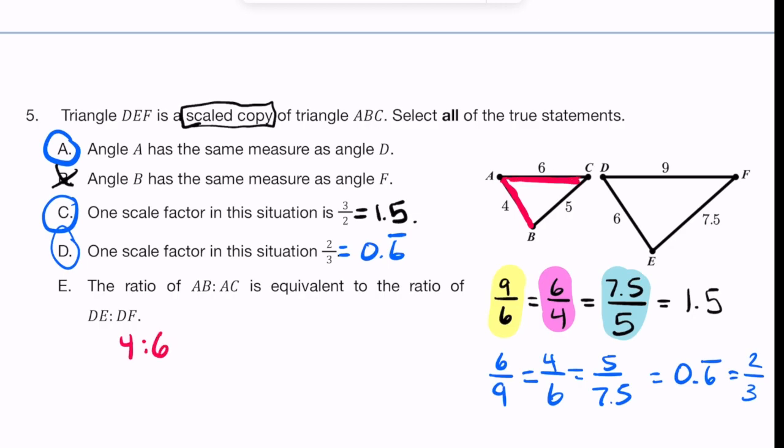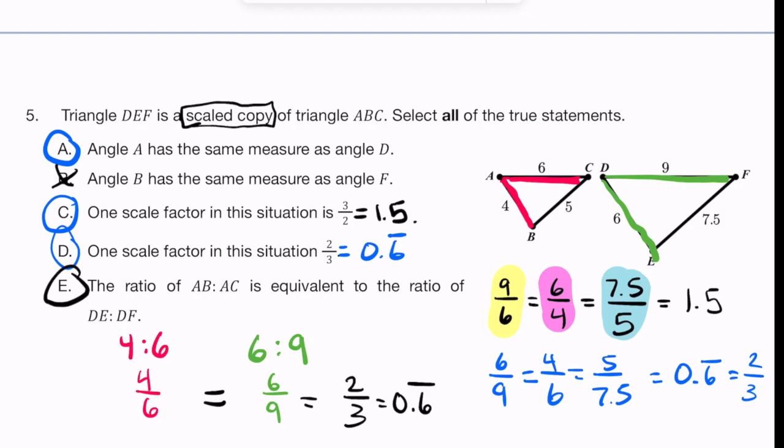And then DE is here, and DF is here. And we can figure out, are these equivalent? Writing it as a fraction and then dividing is normally the easiest. Put those in the calculator or simplify some other way. And yes, these are equivalent ratios. Both of those simplify to 2/3 or 0.6 repeating. So yes, that's going to be the same.